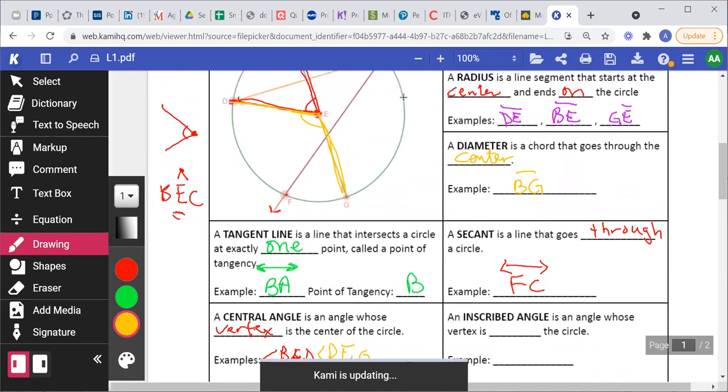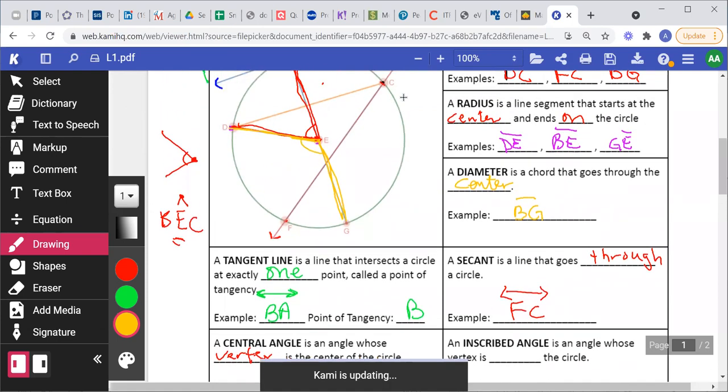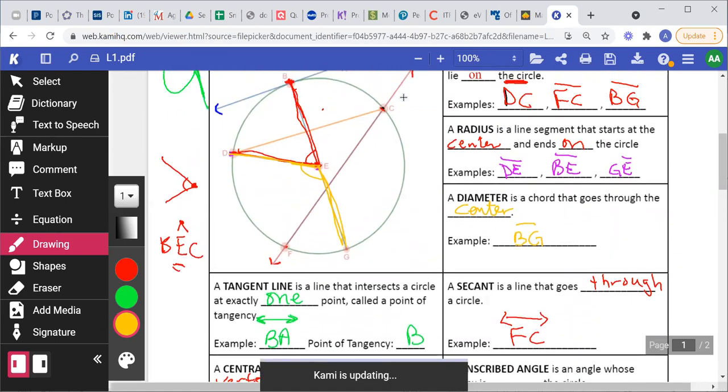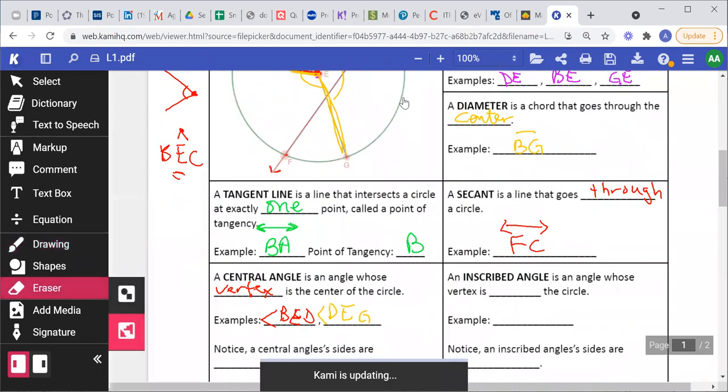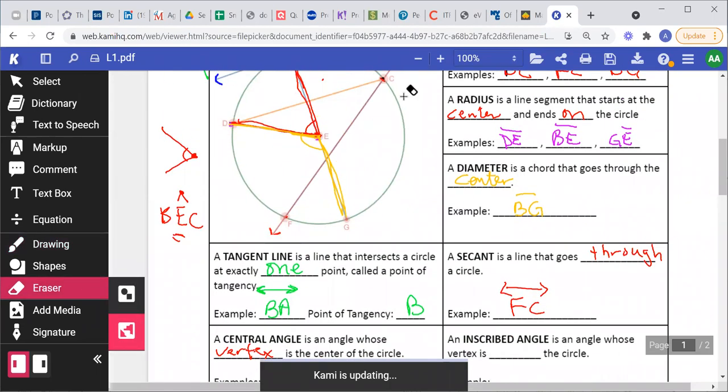And another central angle, which is even 90 degrees, is the whole of this, BEG. This is 180, okay? The angle formed on the diameter too is also a central angle, but I'm not going to stress you with that. So we just take the two we know.